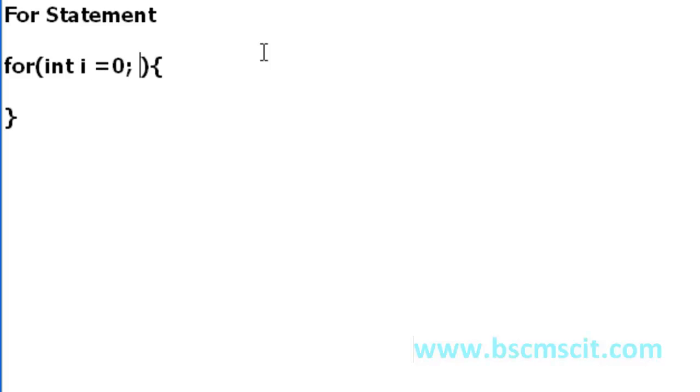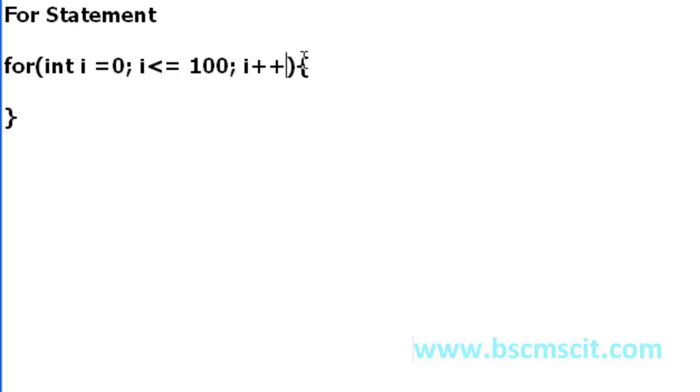You can give any value, and after the semicolon you need to write a boolean expression now, like this, int i is less than or equal to, let's say, 100, semicolon, followed by you can increment the initializer variable i, or you can decrement the initializer variable depending upon the scenario. Here I am just incrementing.